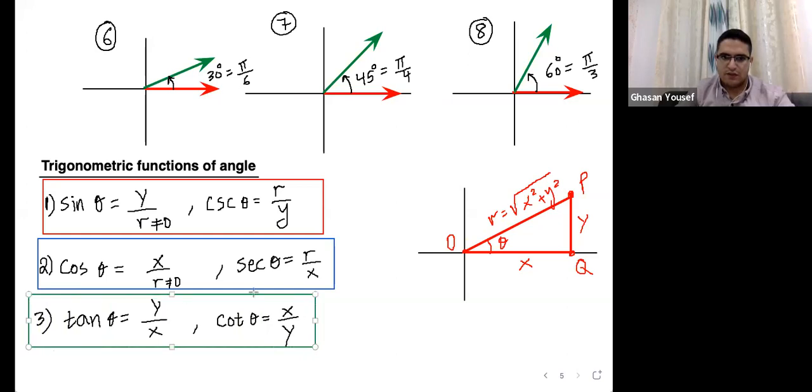Any question for these functions? Sine function, cosine function, tan function, and also the reciprocals.